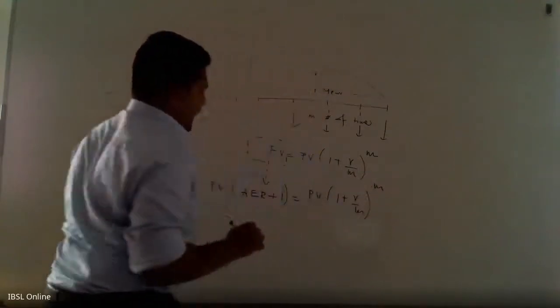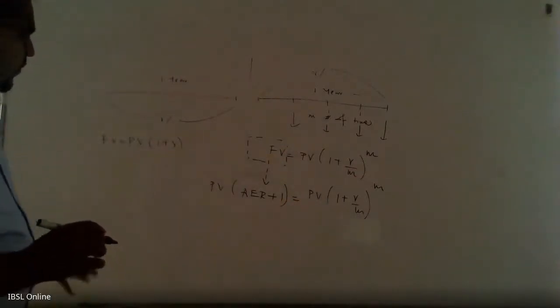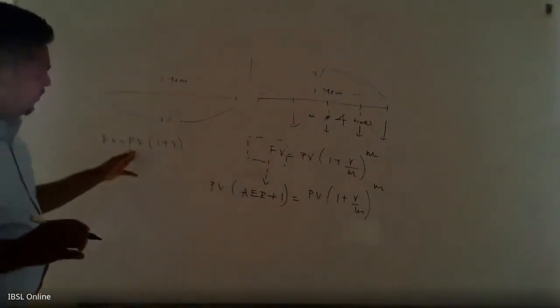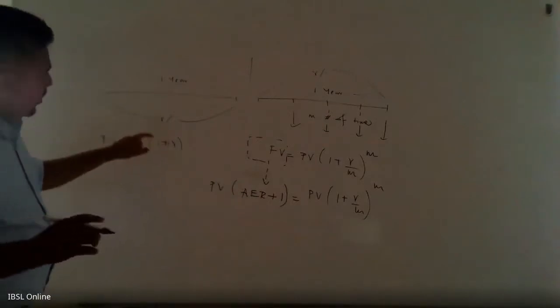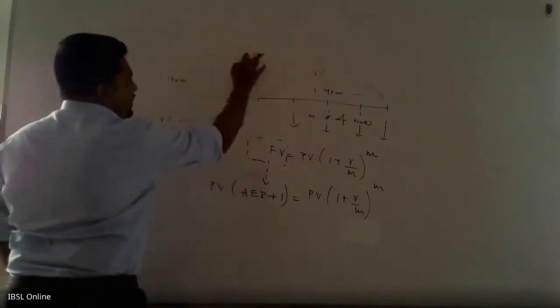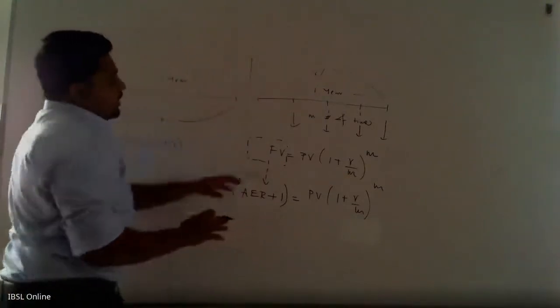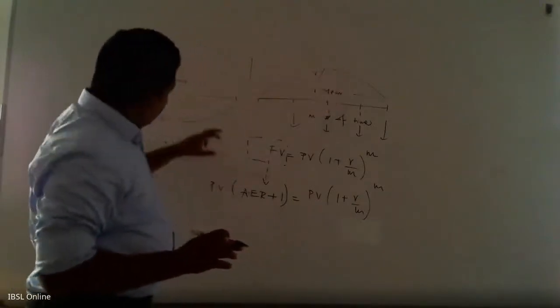this is M. What do we have here? We have PV, this is R%. So instead of R, now I'm going to call that AER, because we are going to equate these two sides and try to calculate whatever we are going to calculate for this R in these terms.